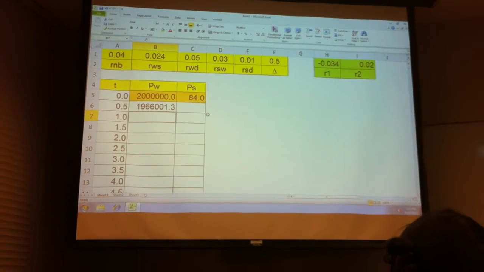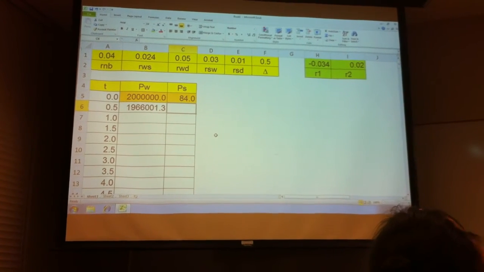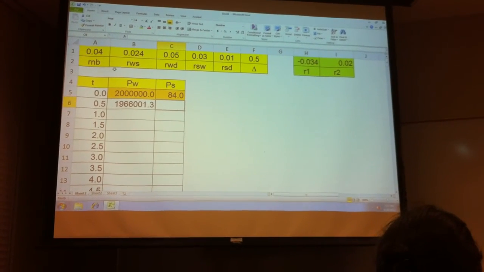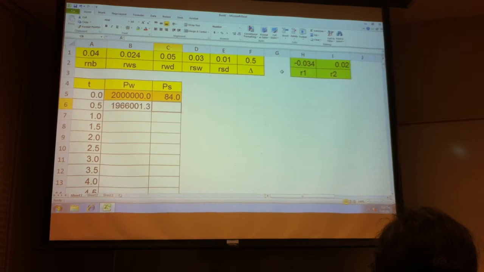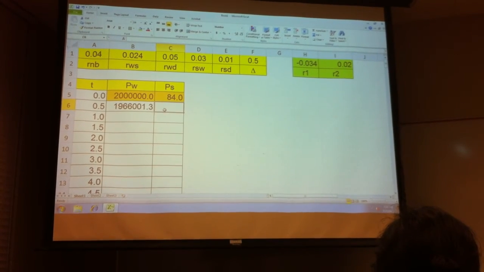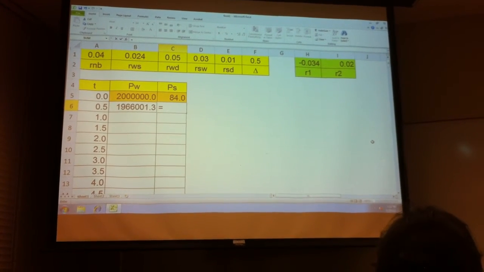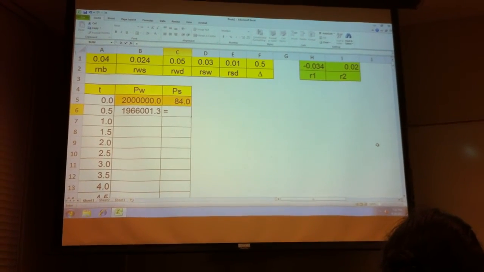What do you do for this guy? Same exact formulas, except instead of playing with that and this and so forth, I'll be using this fellow and so on. I'll do exactly the same thing. Equals to what? PST.